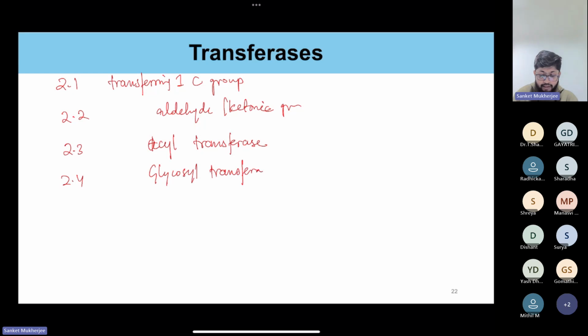They will basically transfer glycosylated groups. 2.5 are alkyl transferases or aryl transferases, transferring alkyl groups or aromatic groups, which are other than methyl groups.